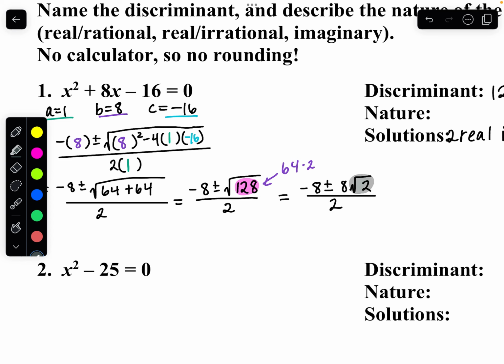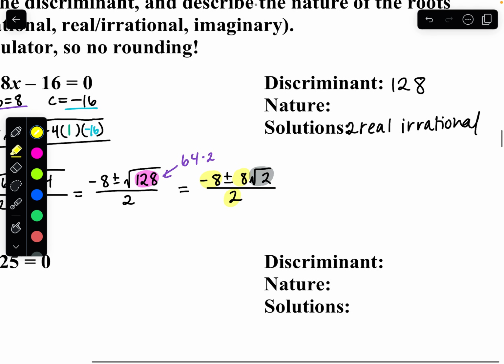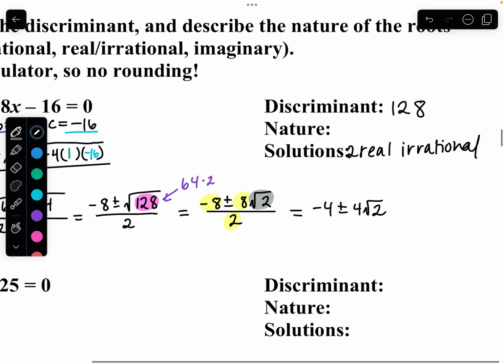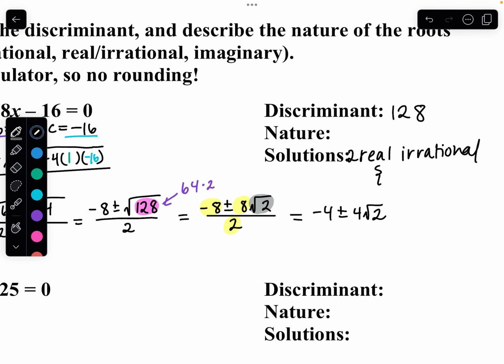So it's going to stay exactly like it is, but we do need to simplify -8 and 8 over 2. And so our final answer would be -4 plus or minus 4 with the square root of 2. And so our two real irrational solutions are -4 plus 4 square roots of 2 and -4 minus 4 square roots of 2.